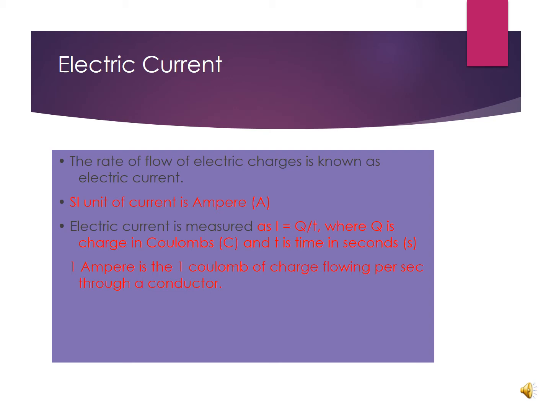The SI unit of current is ampere. Electric current is measured as I = Q/T, where Q is the charge in coulombs and T is the time in seconds. So how do we define 1 ampere? 1 ampere is 1 coulomb of charge flowing per second through a conductor.